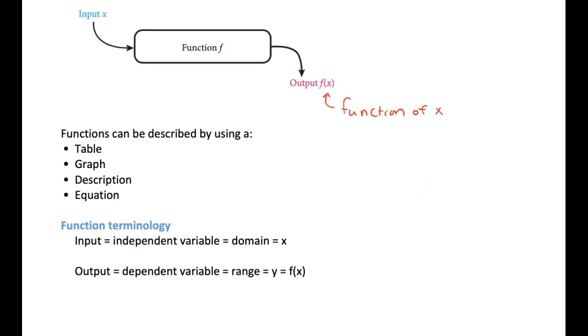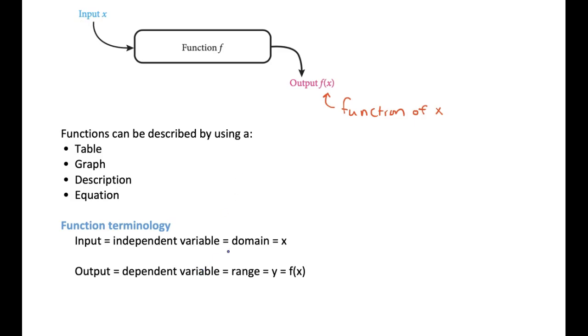So here's some terminology for you having to do with functions. I'm sure there's some other terms for these different situations, but the input x that comes into the function is going to be the independent variable.